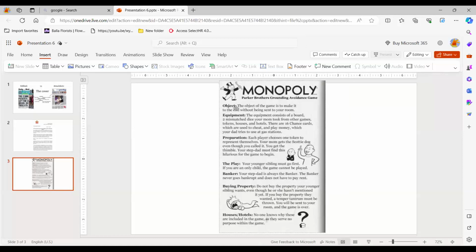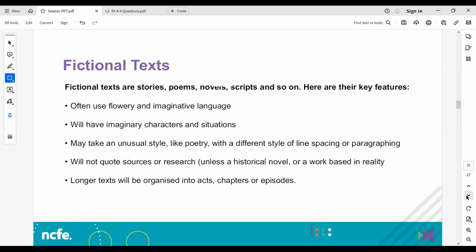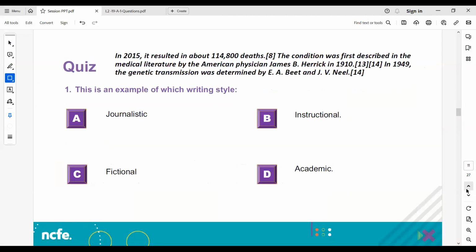So let's go back. Okay, so if you read the text in black at the top next to quiz, and then tell me what type of writing style this is.